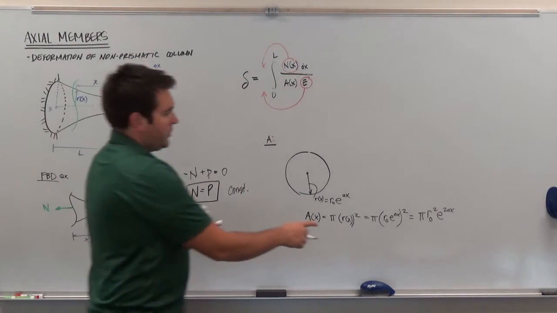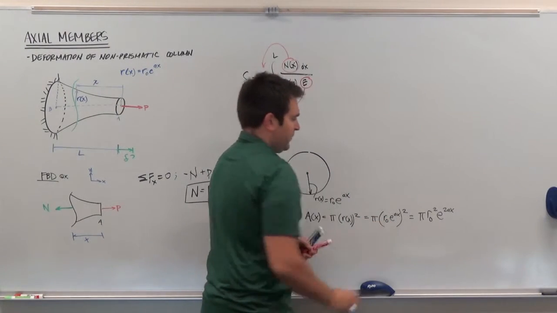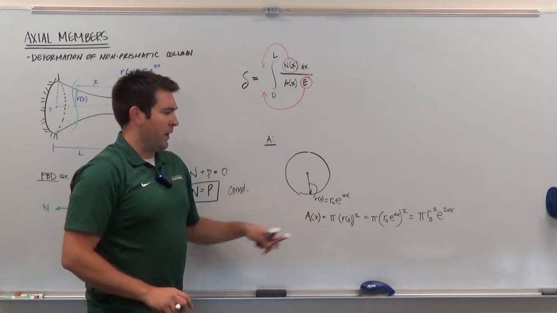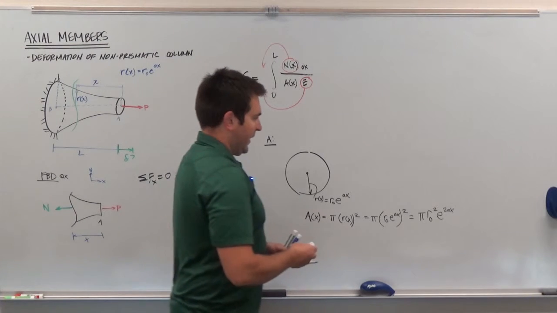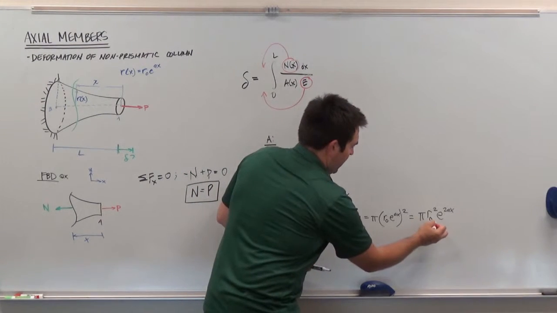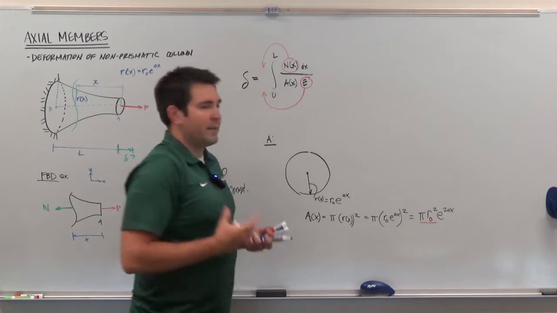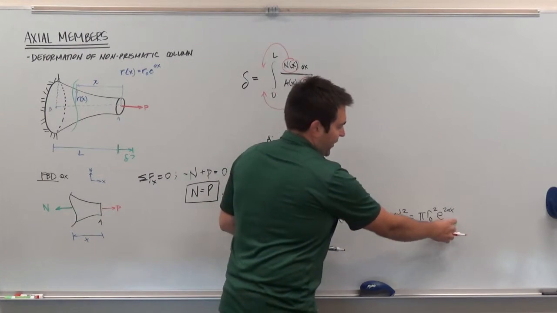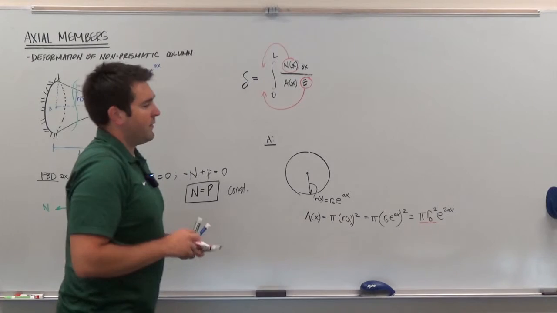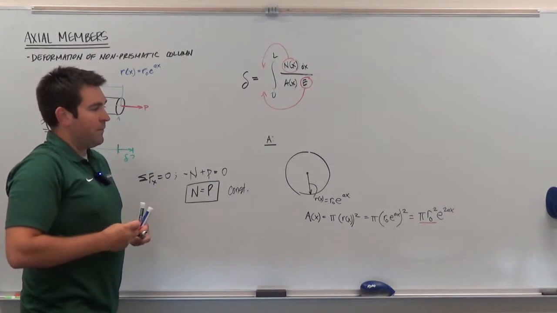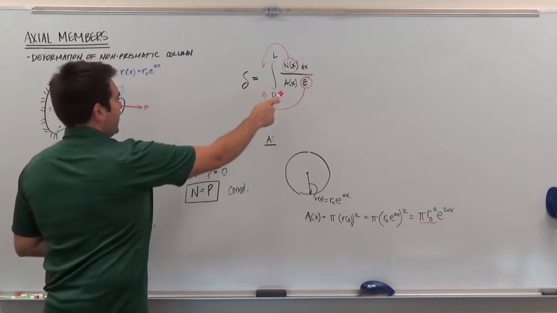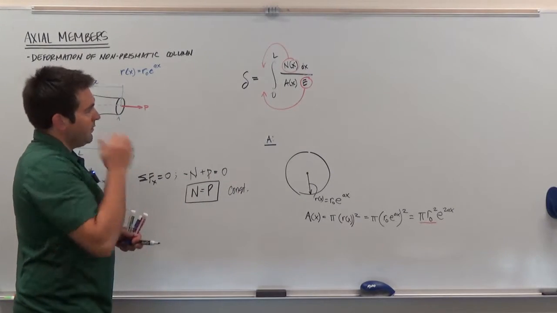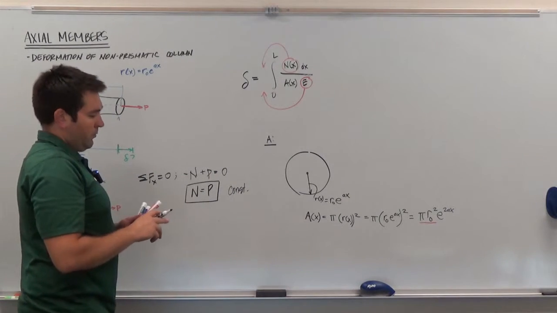This equation here is my function for the area as a function of x. It's important to point out that this portion right here is constant. It does not depend on x, whereas the e to the 2ax portion is dependent on x, and so that needs to stay inside the integral.